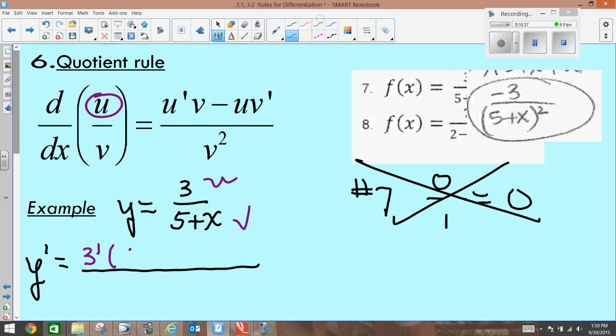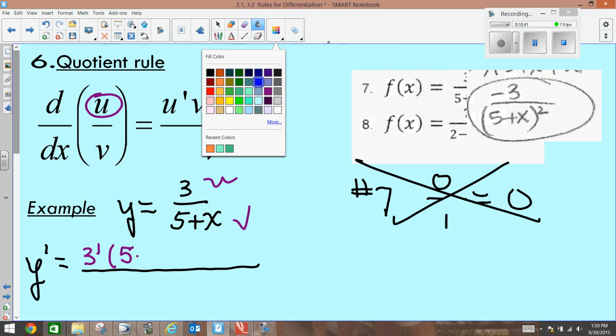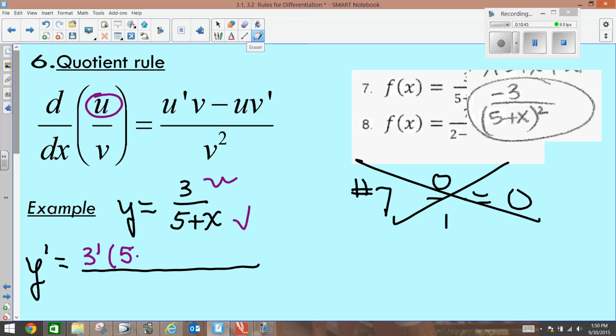Leave the bottom alone. This time we're minus u, which is 3, leave it alone, times the derivative of the bottom.